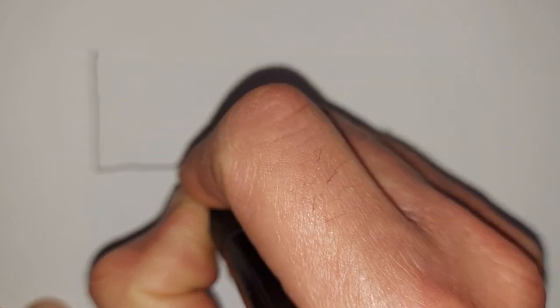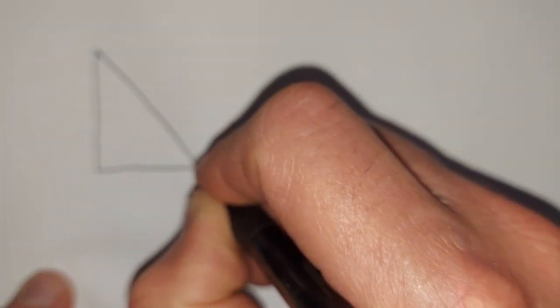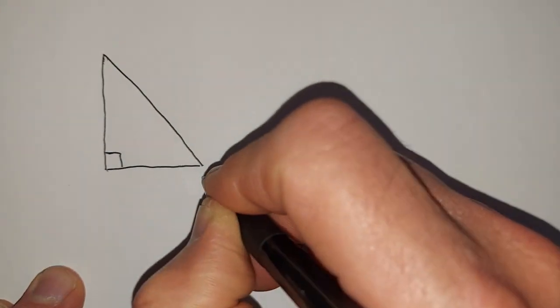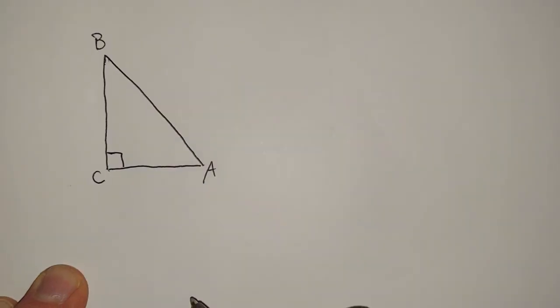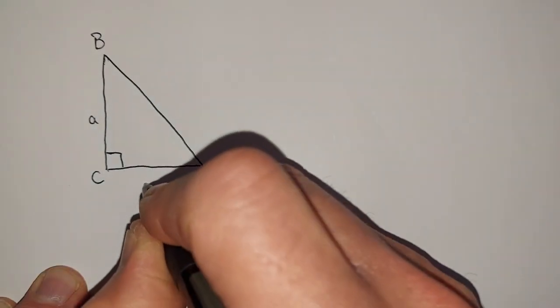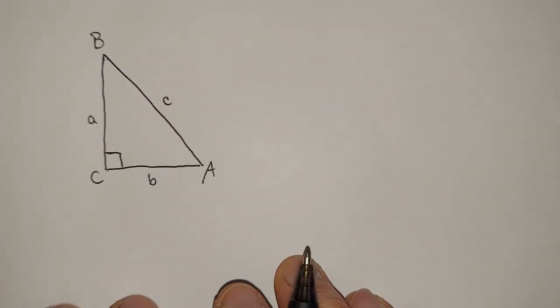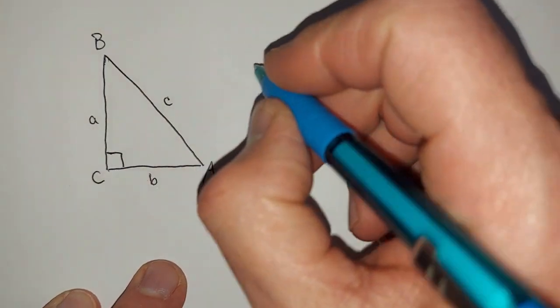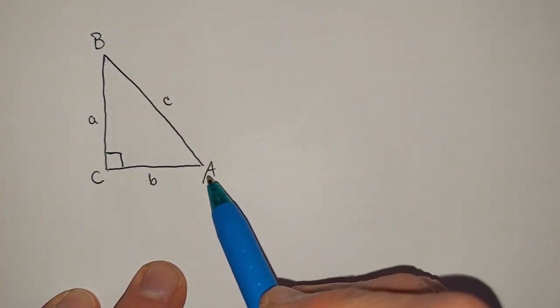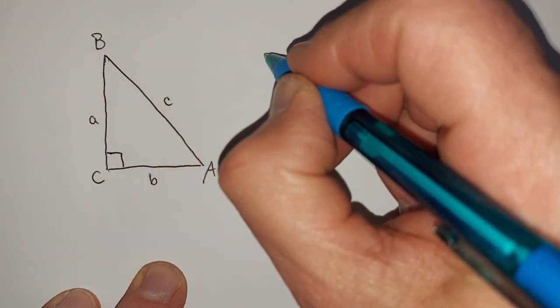So, let's say we have a right triangle here. We're going to label it ABC, and we'll label the sides a, b, c. Now, the sine of an angle is equal to the opposite over the hypotenuse.